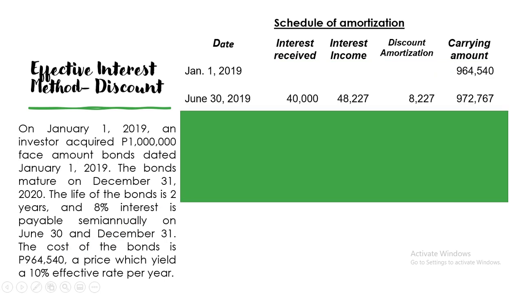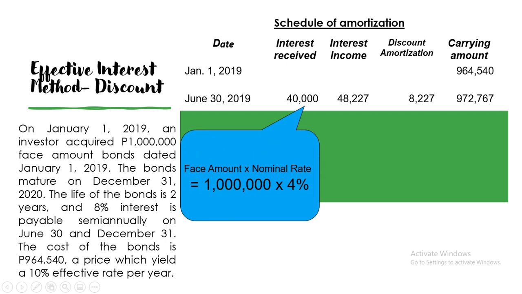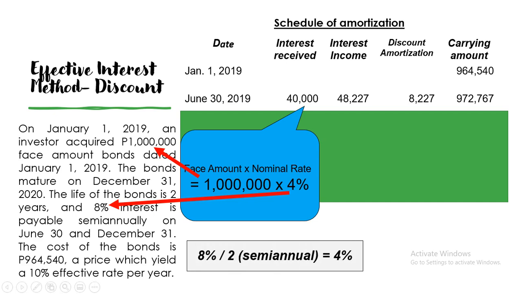And June 30, 2019 is the first semi-annual interest. The interest received is 40,000. How come it is 40,000? Face amount of 1 million multiplied by the nominal rate of 4%. Why 4%? Because 8%, which is the total annual interest, is divided by 2 since this is semi-annual.